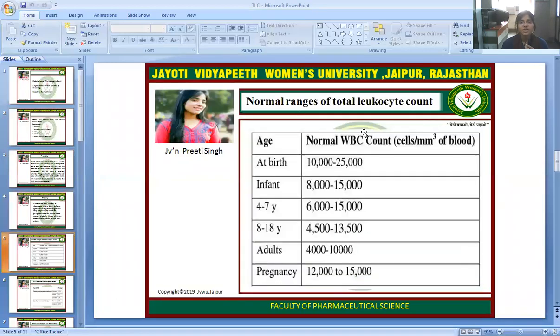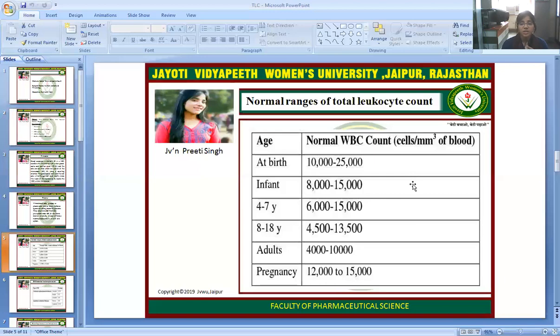So the normal range of total leukocyte count according to age, normal WBC count per cubic millimeter of blood. Firstly, at birth, in neonates, 10,000 to 25,000. In infants, 8,000 to 15,000, and in 4 to 7 year old children, 6,000 to 15,000.